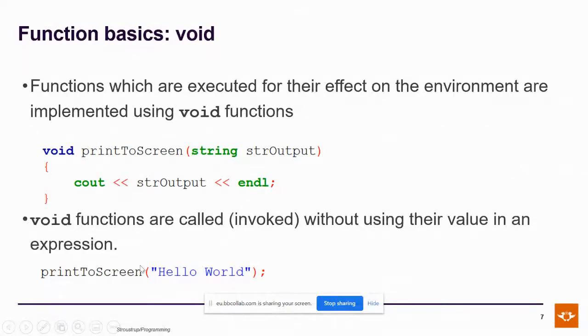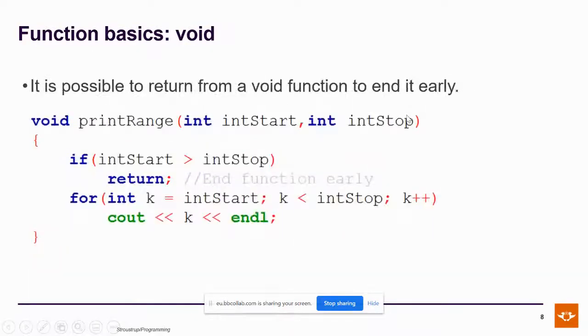And then you can see the use of the function, which is called invoking or calling the function, where you basically just have the function's name and actual values for the parameters. It could be variables that store the values, or it could be literal values themselves, like you see here in that example.